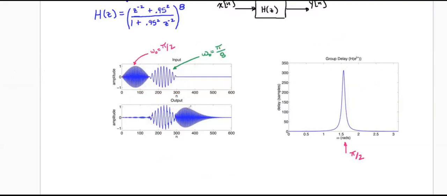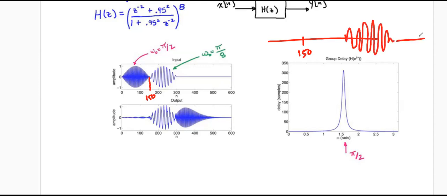So let me draw that. If this part is shifted, let's say it starts at 150, so it actually starts at 150 plus 300, which is 450, the starting point of the low frequency component, and ends at some value. What about the high frequency component?